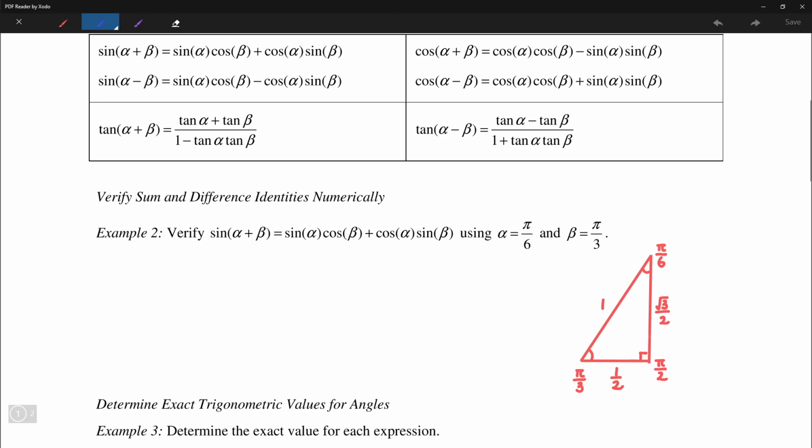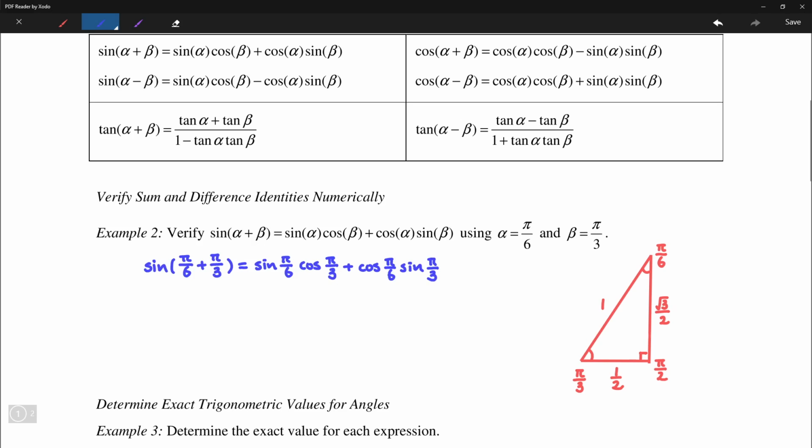So this time around, on the left-hand side, we have sine, and we can let alpha be pi/6. So this is pi/6 plus pi/3, which is beta. And it's going to be equal to sine pi/6 cosine pi/3 plus cosine pi/6 and then sine pi/3.